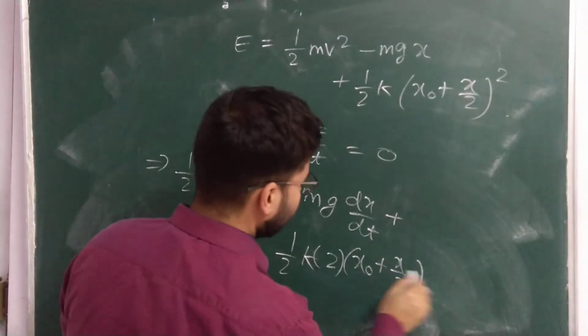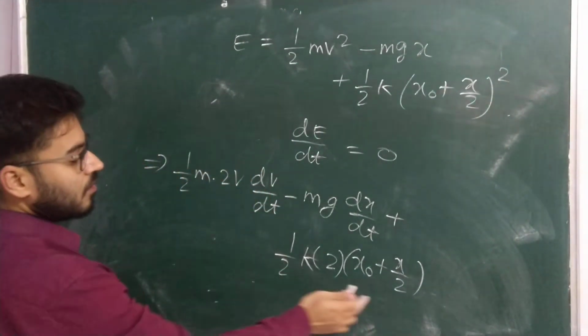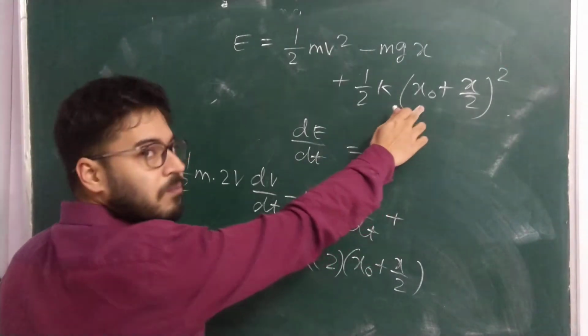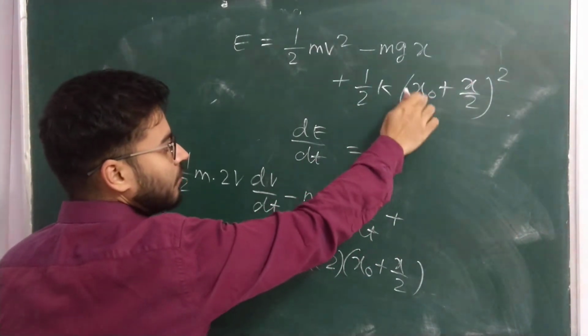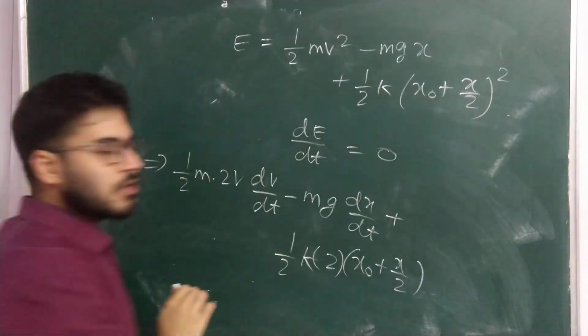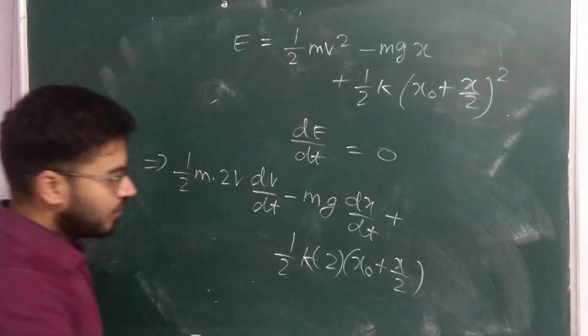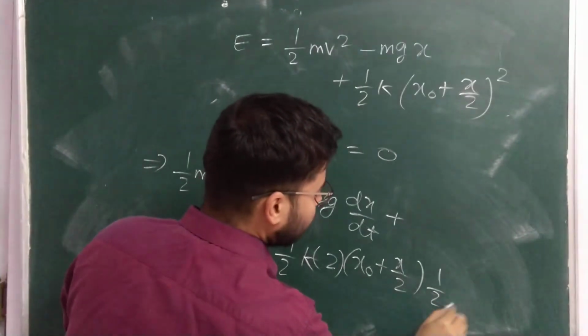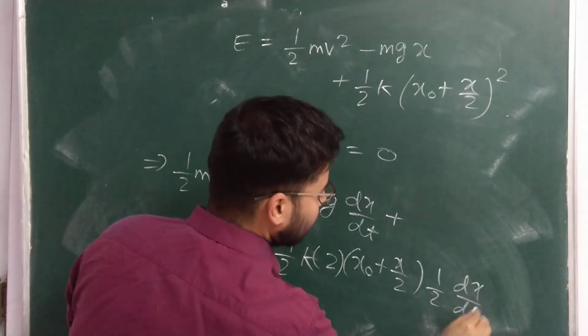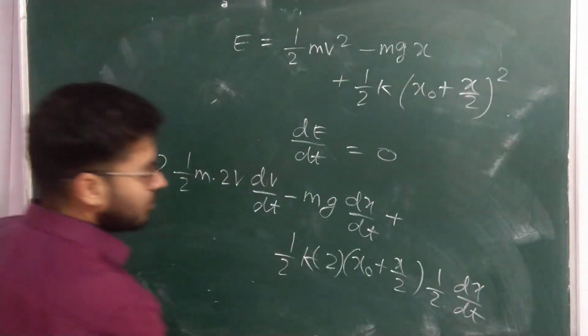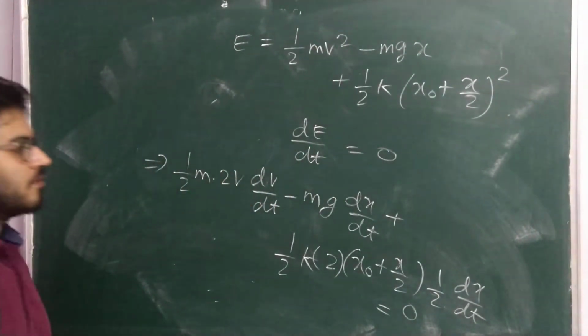You will also have another half here, half k twice of x naught plus x by 2. Applying the chain rule, differentiation of this is 0, but you will have differentiation of x by 2, that is half dx by dt. So half dx by dt, okay, this will be 0, this will be 0.